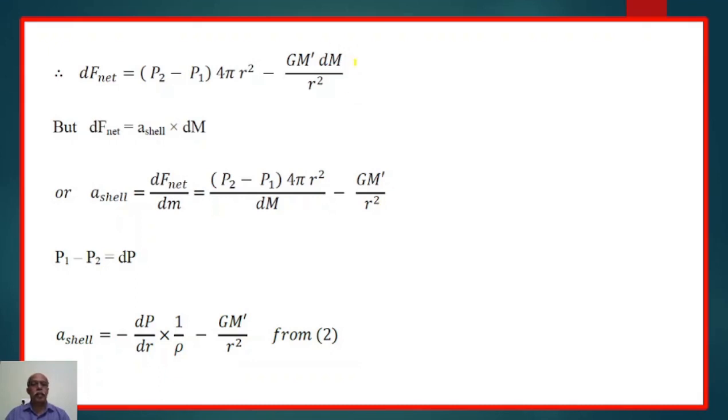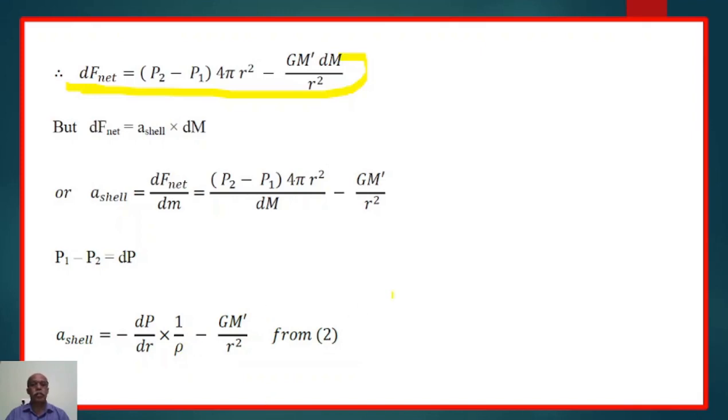I take this quantity dm to the denominator, and therefore, with P1 minus P2 being nothing but dP, a shell is equal to minus dP by dr into 1 by rho minus G m dash by r square.